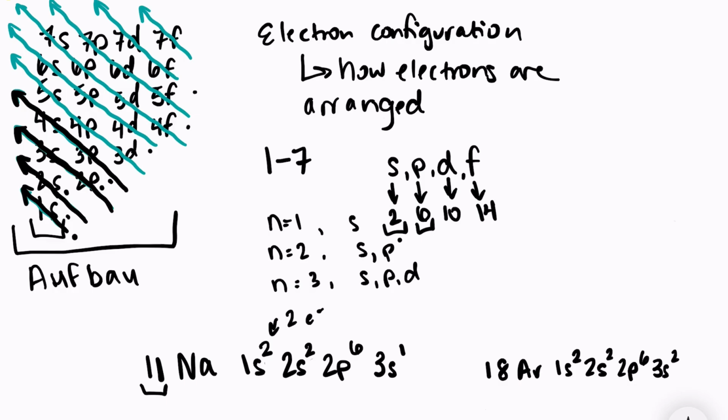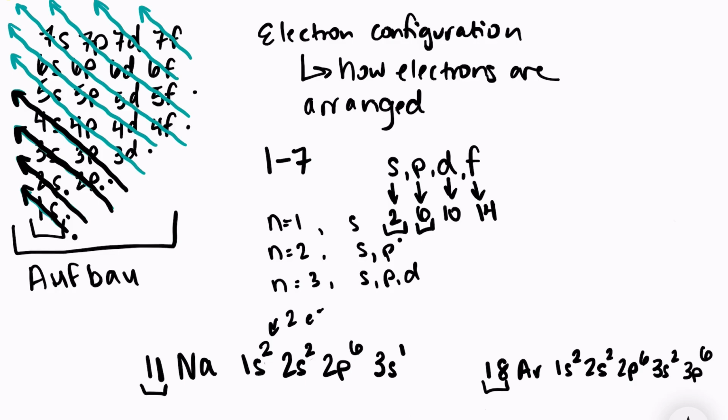We have 2 plus 2 plus 6 is 10, plus 2 is 12. We need 18 electrons, so I need 6 more. Following the Aufbau diagram, after 3s, I fill 3p. And 3p can hold 6 electrons, and that's exactly what I need.